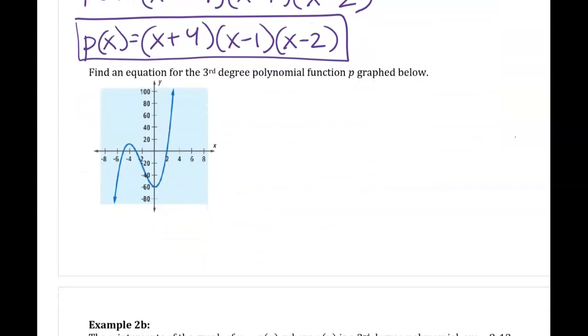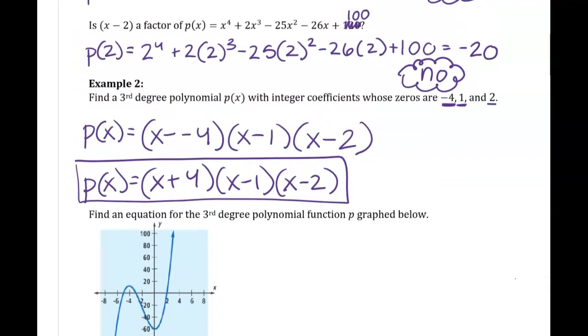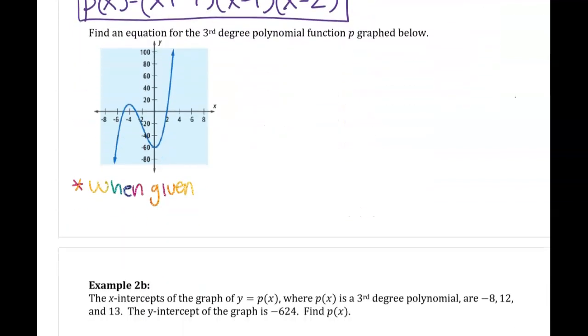Here we're looking for an equation for the third degree polynomial function p graphed below. So here's what we know. We need to deal with our a. Okay, so when given the y-intercept, so up here we were not given a y-intercept, right? But here we are.